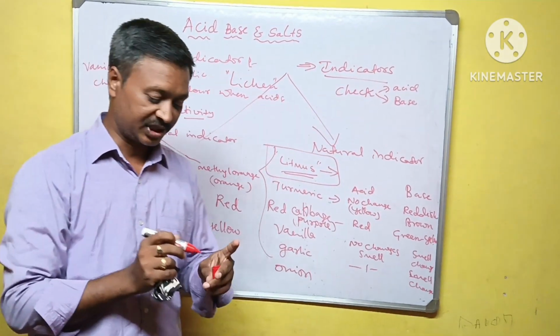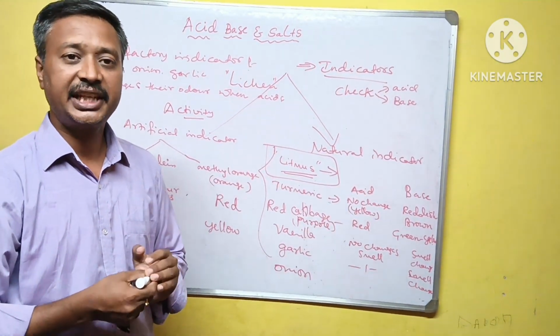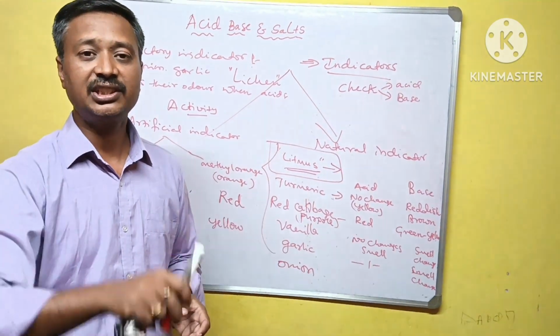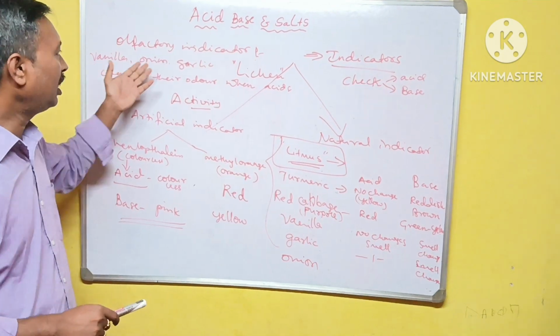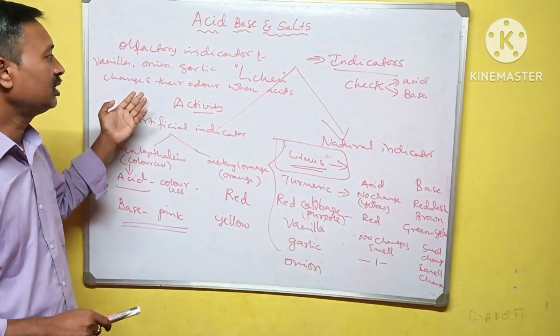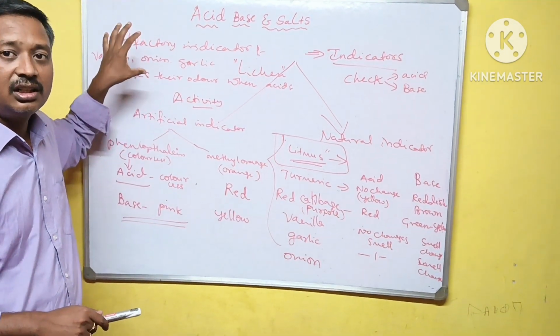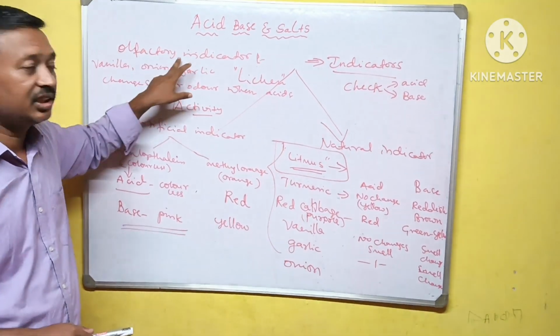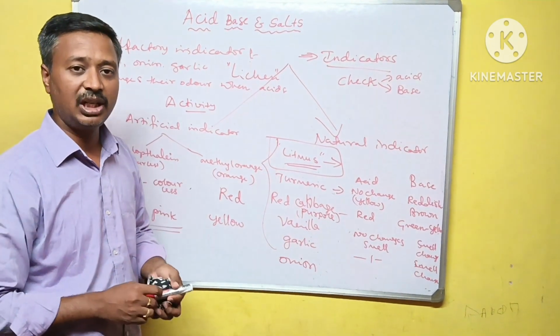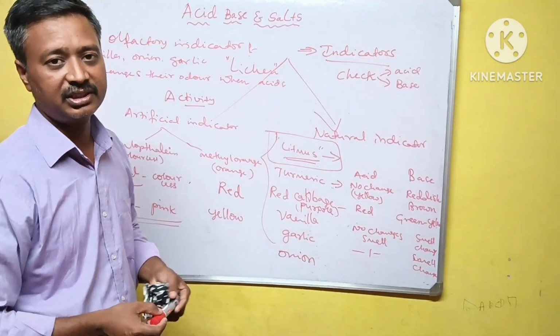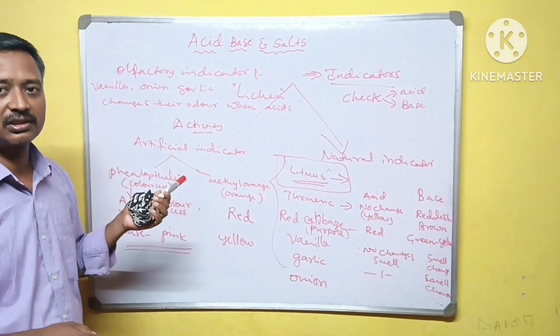Vanilla, onion, garlic, etc. are the natural olfactory indicators. What are olfactory indicators? Substances which change their smell when treated with acids and bases are called olfactory indicators.